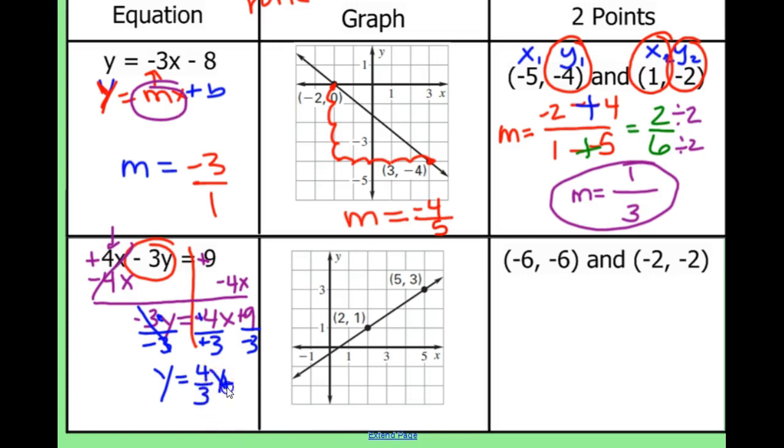Oops, don't forget your x there. 4/3 x. And then 9 divided by negative 3 is negative 3. So there's our equation solved for y, but we really just wanted our slope. So our slope in the equation y equals mx plus b, our slope is 4 over 3.